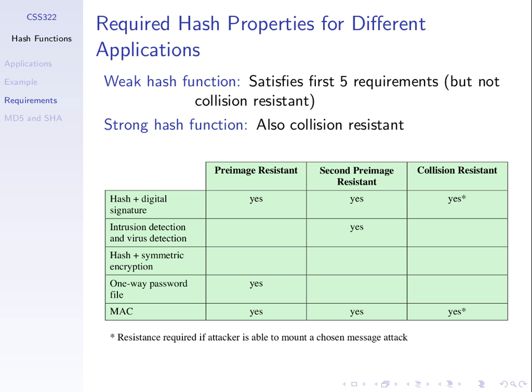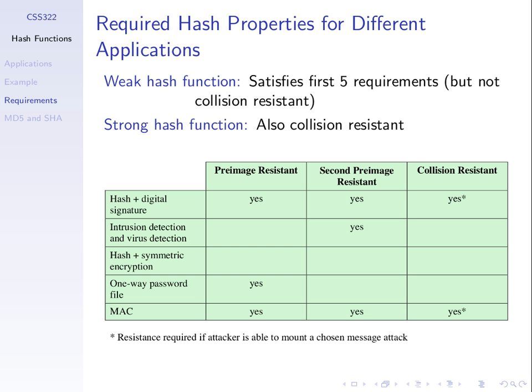As we see here, if our hash algorithm did not have the weak collision resistance property, the attacker would be successful. That is, given some message M, if the attacker can find another message with the same hash value, they'd be successful.